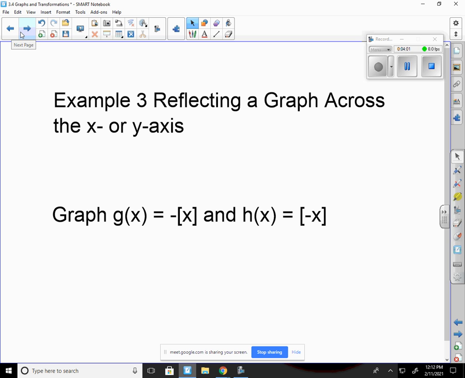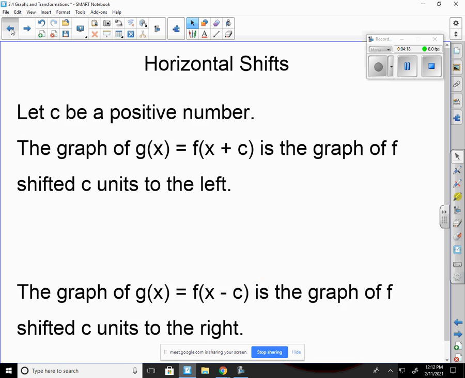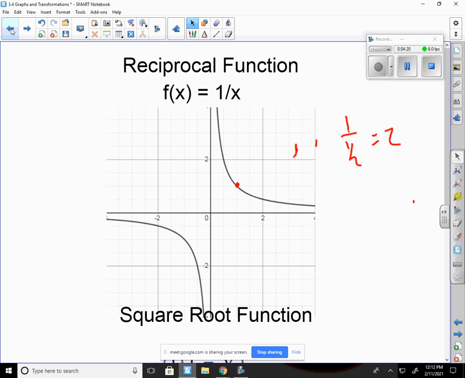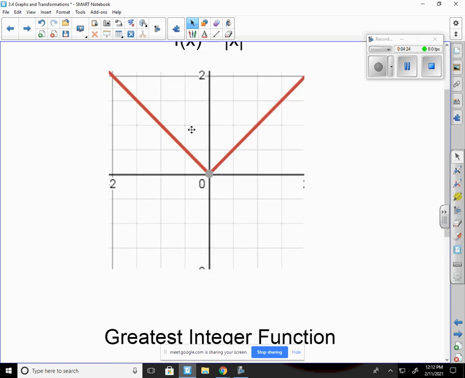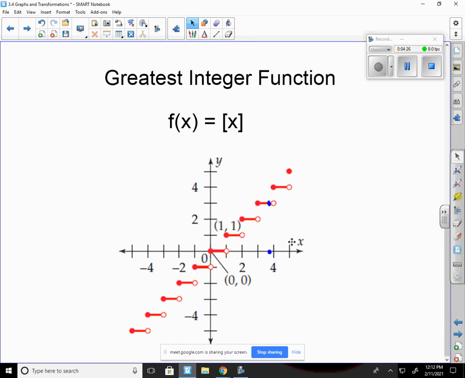Okay, graph g of x equals negative x inside the brackets. So this, you should recognize this as the step function we had, or the greatest integer function. If you remember all the way back here, this is our greatest integer function.